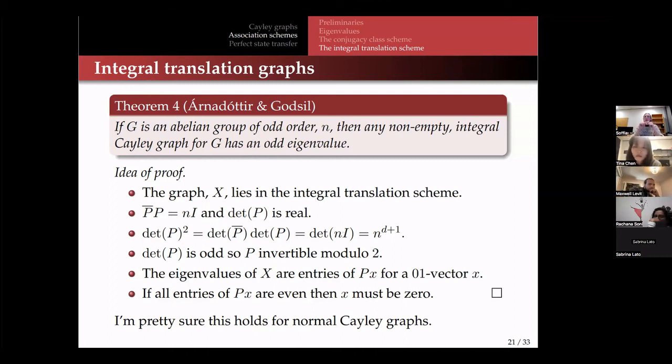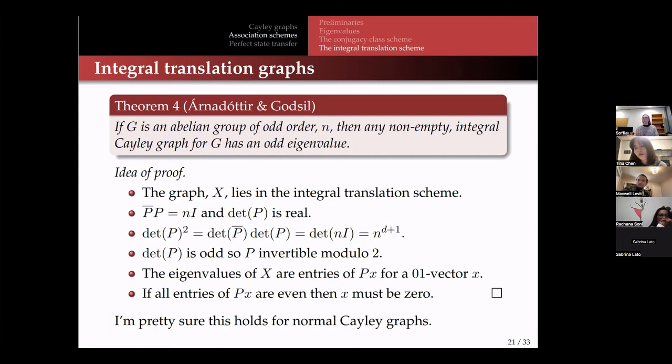An important part here is that when perfect state transfer happens in a two-circulant, then it has to happen at time pi on 2. It can't happen faster. Okay. Which is kind of the problem in cube-like graphs, because it seems very difficult to characterize perfect state transfer in cube-like graphs because it can happen arbitrarily fast. But in the circulants, it happens at time pi on 2 or not at all.